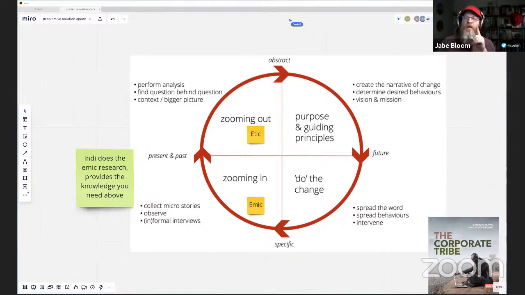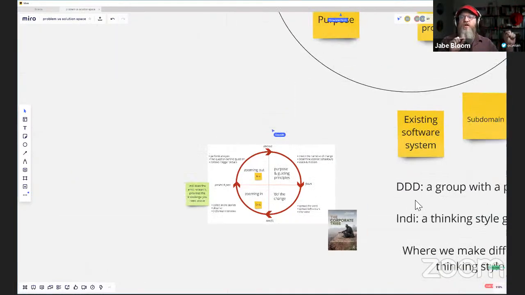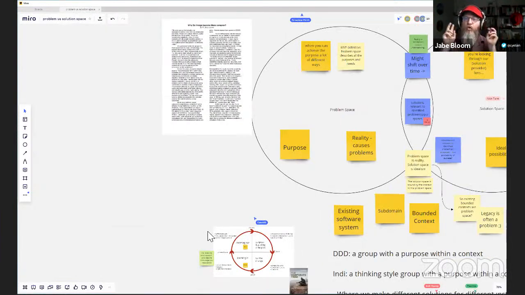So the way to think through that, I think, using this kind of loop that you've got here, is single loop versus double loop. The single loop would be continuously refining the model and recognizing that is valuable. And the double loop would be going and trying to find disconfirming information that would break the model.